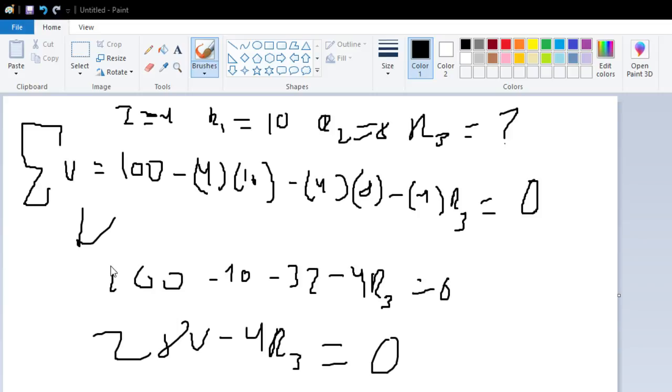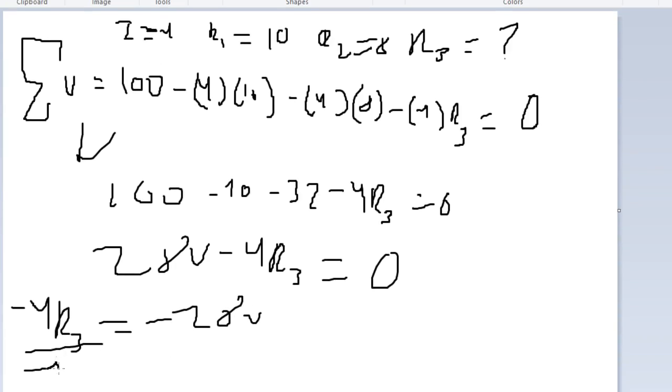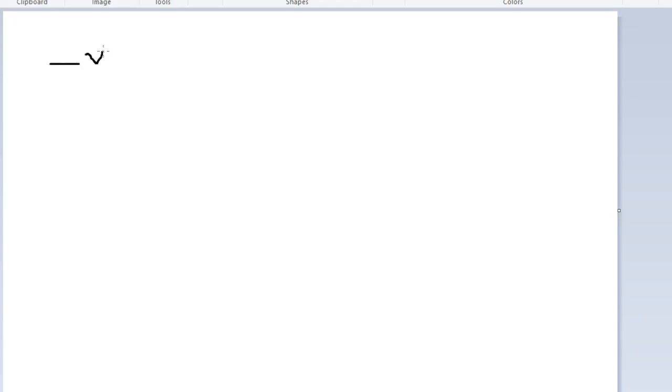And now we can just rearrange the formula, making negative 4R3 equal to negative 28 volts.